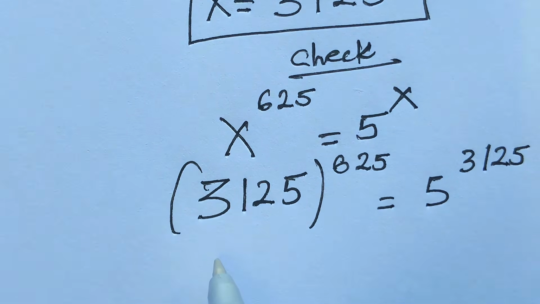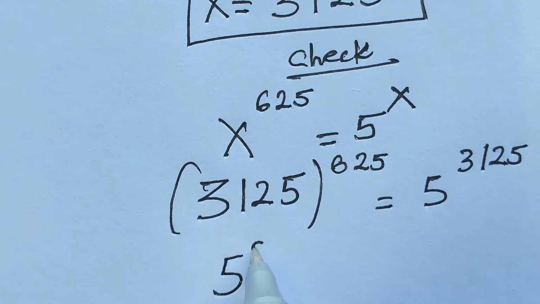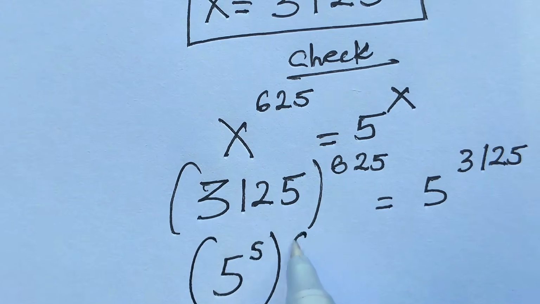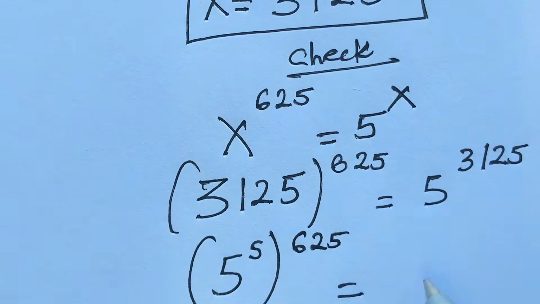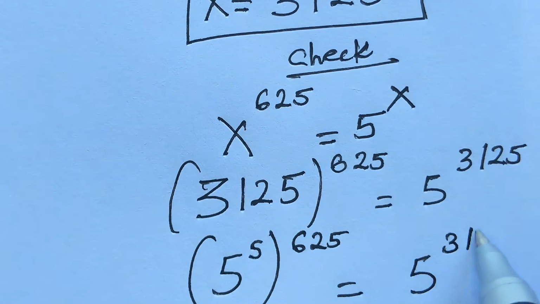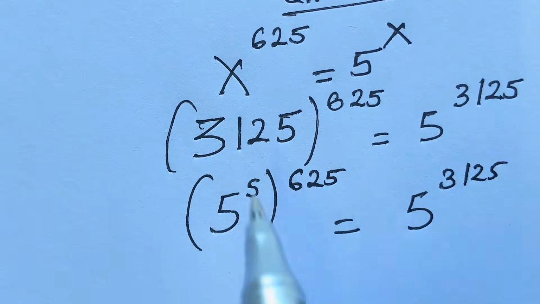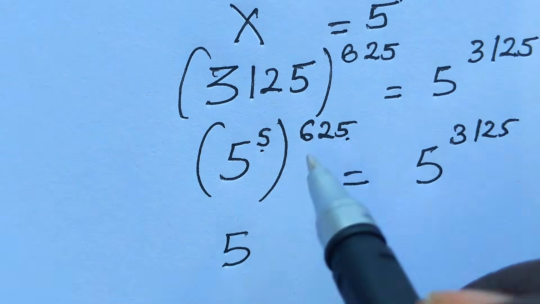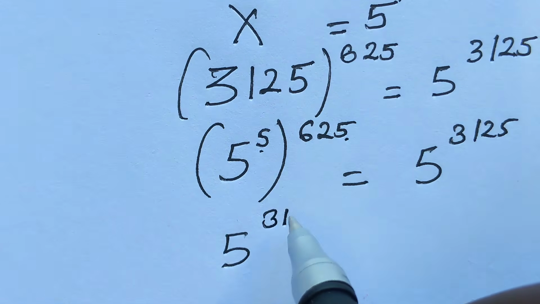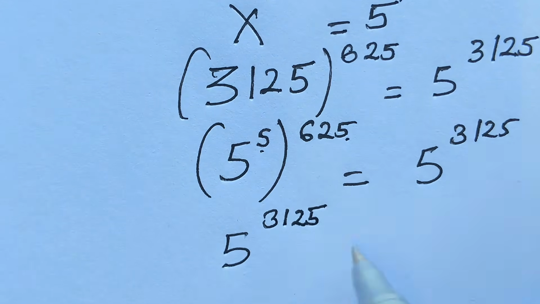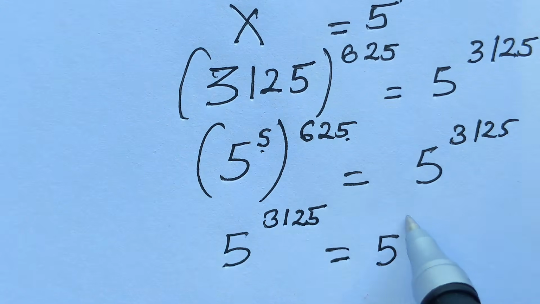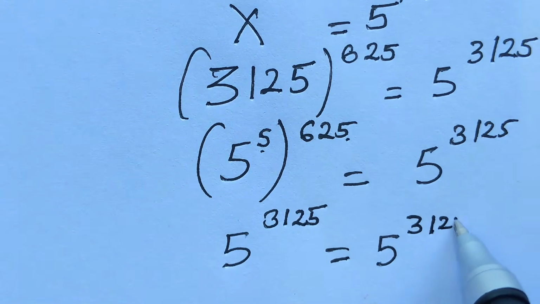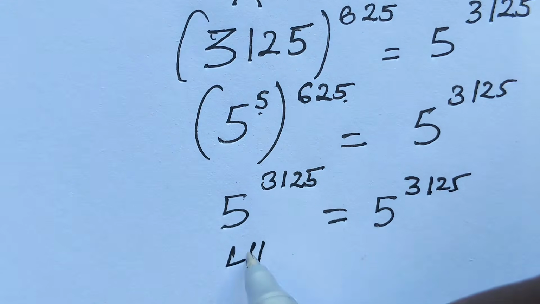This one is equal to (5^5)^625, which is equal to 5^3125, and of course this 5 times 625 is 3125, which is equal to 5^3125, which is equal to 5^3125.